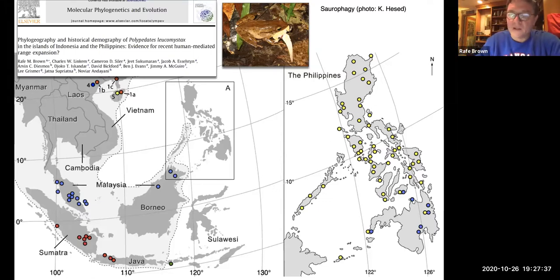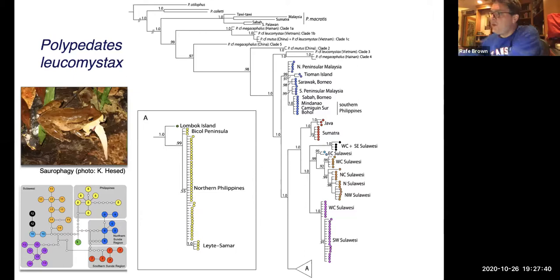We asked whether, if there was originally structure across the archipelago in this species, maybe it was obliterated by the Industrial Revolution and agriculture throughout the country, the expansion of the coconut palm plantation industry and rice cultivation, and humans transporting these animals around all the time, which we see today. So that's where we left it.